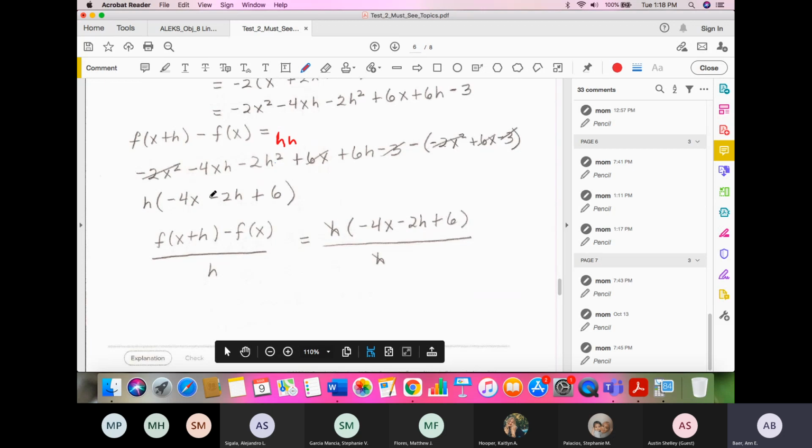Just copied all of this down in the numerator, divided by h. H divided by h is 1. And 1 times what's left is just what's left, which is -4x minus 2h plus 6, which is indeed the answer. This is the answer right here.